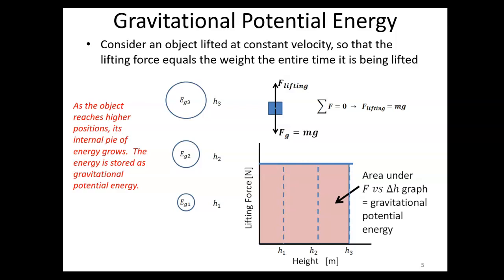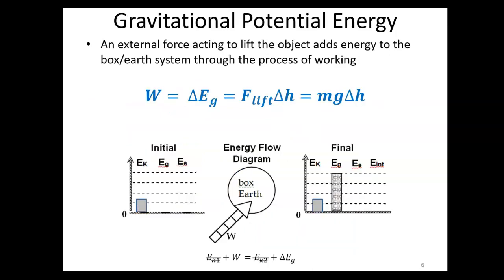If we had a graph of the lifting force versus the height, the lifting force is constant since it's moving at a constant velocity, and the area under this force versus height graph is telling us the amount of gravitational potential energy in the object. That force that was being used to lift the object is doing work on the object.